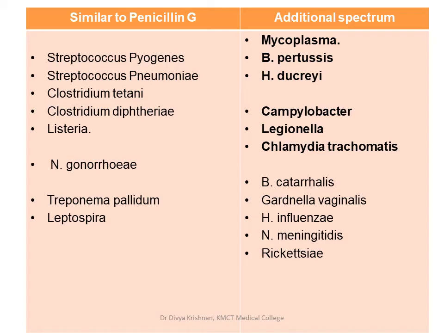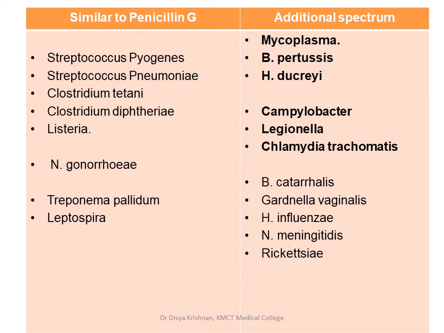We will divide it as follows: Streptococcus pneumoniae, Clostridium tetani, Clostridium diphtheriae, Listeria, and you have a gram-negative organism, that is Neisseria gonorrhoeae. You have examples of two spirochetes, that is Treponema pallidum and Leptospira.